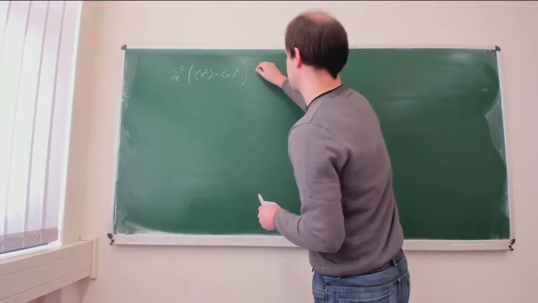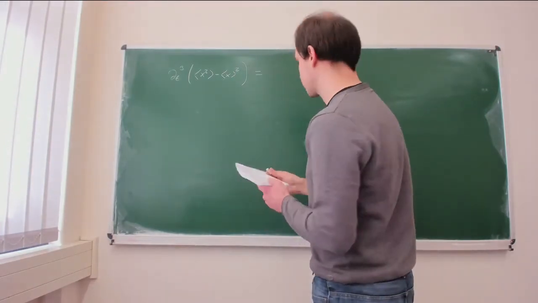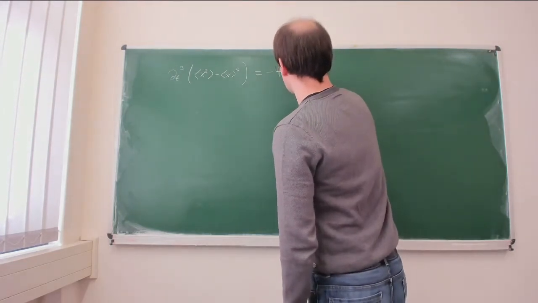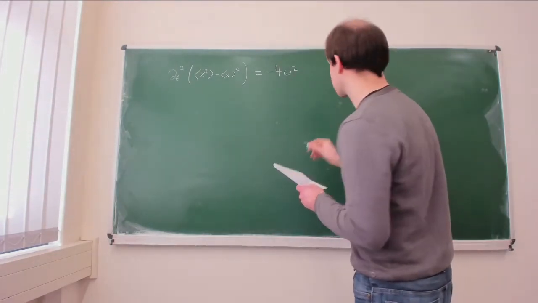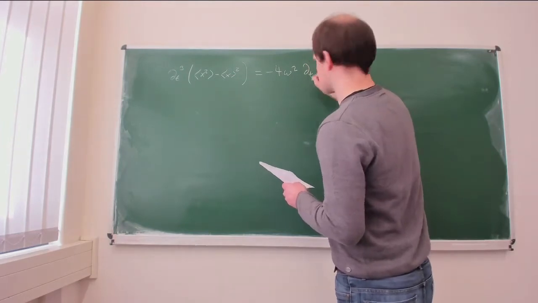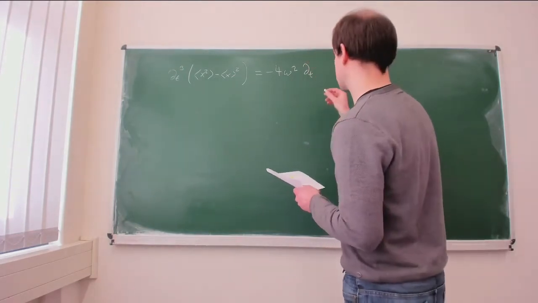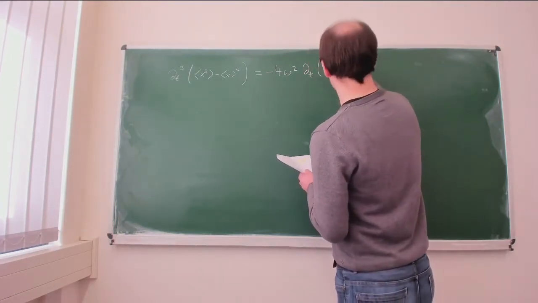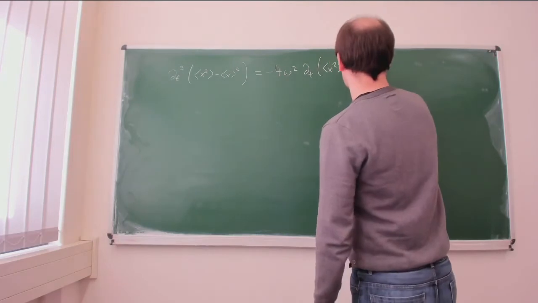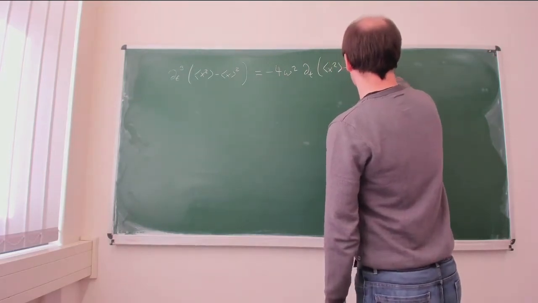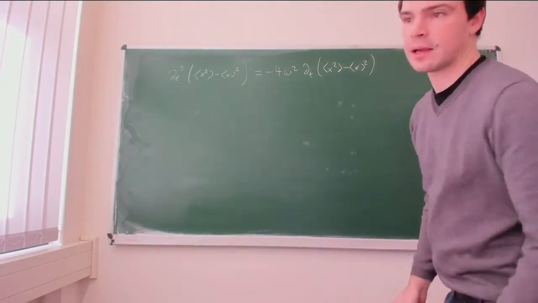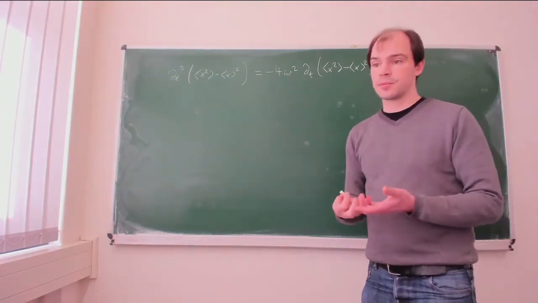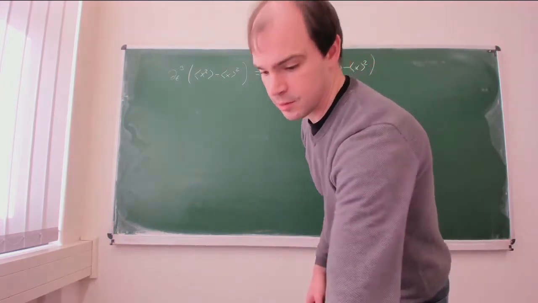And you will find that this satisfies the differential equation: minus 4 omega squared times the first order time derivative of the same expression, x squared minus expectation value x squared. And this is well known from the study of harmonic oscillators.